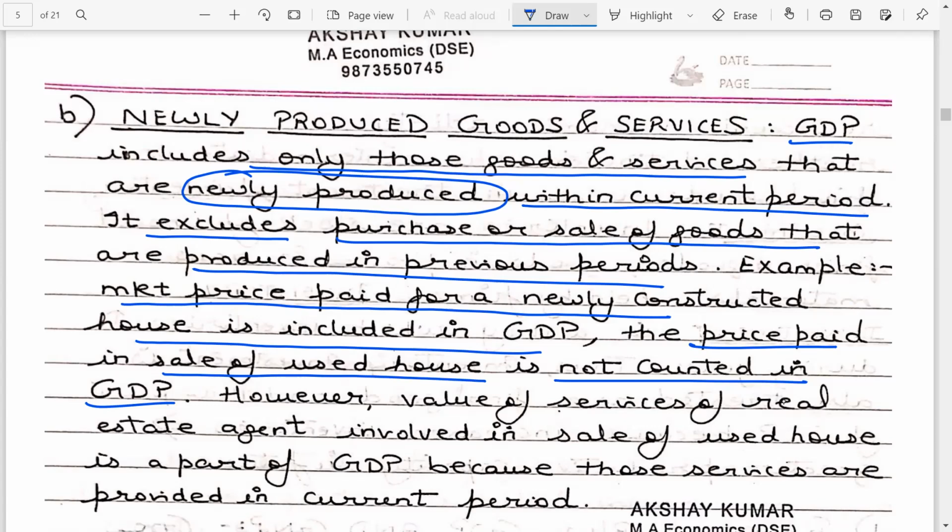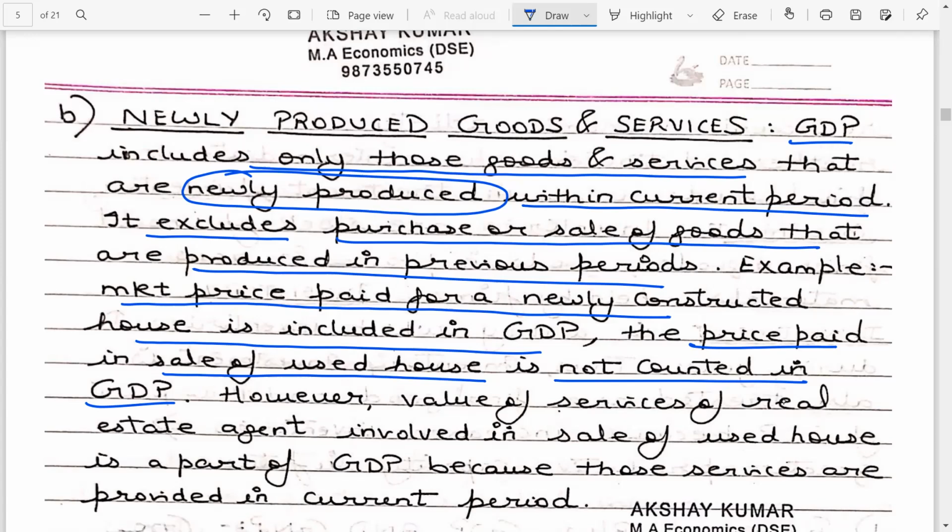So when I am buying a property which is newly built, it will be a part of the GDP. But if I am selling my property next year to some other party, now that becomes a second-hand good. So it will not be included in the GDP because the value of that property was included in GDP in the year in which that property was built.